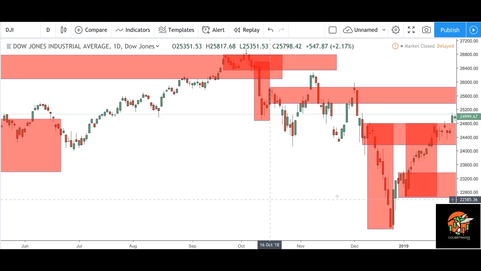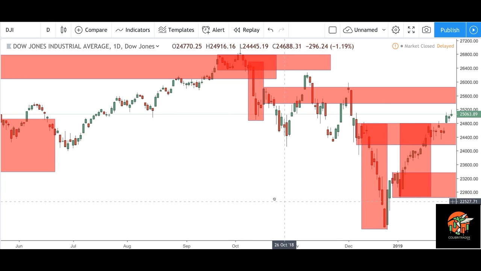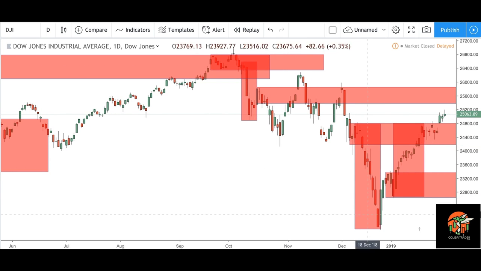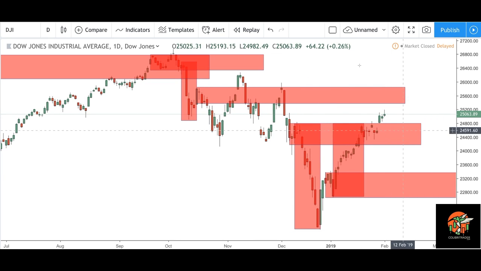And then you saw the price going down around 5,000 points, and then it's currently locked between those few areas of supply and demand.